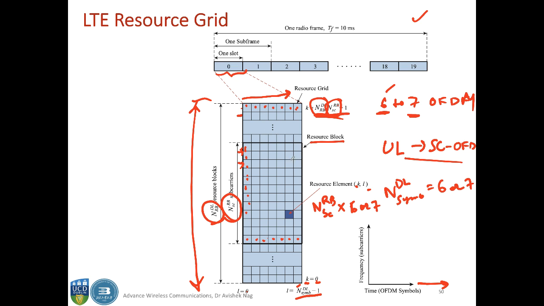Okay, these many small resource elements. Okay, these small squares. Okay, so each of the small resource elements, they carry some information that actually is meant to be carried over an LTE connection.